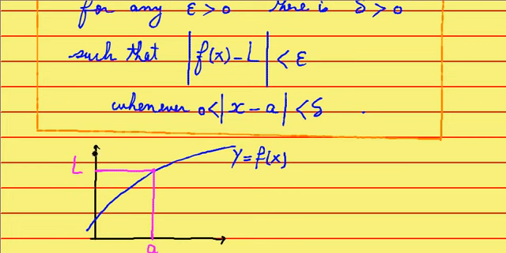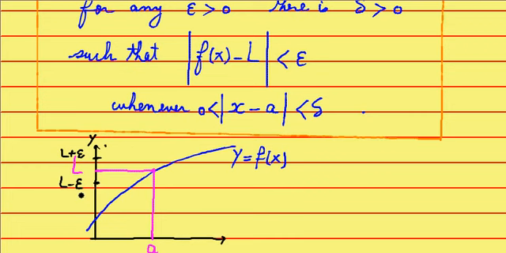A trap on the vertical axis y will be a region that starts at L and goes by epsilon above and epsilon below. So here I lay my trap. I go epsilon above and epsilon below. So this point is going to be L plus epsilon, and this point is going to be L minus epsilon.